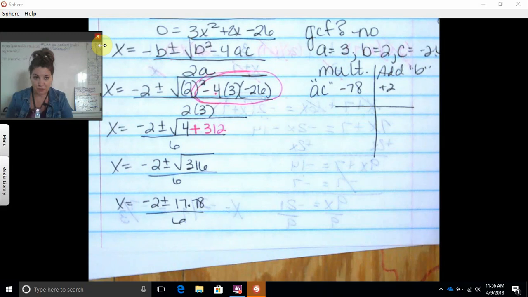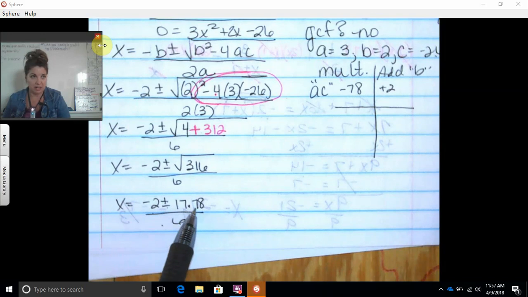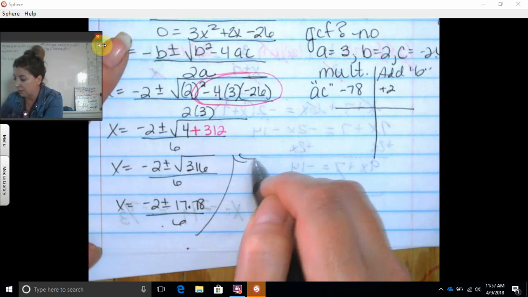Now, I can simplify this further because this is two answers. This is negative 2 plus 17.78 divided by 6, and it's also negative 2 minus 17.78 divided by 6, okay? So we're going to simplify that further. I'm going to write it as two separate.